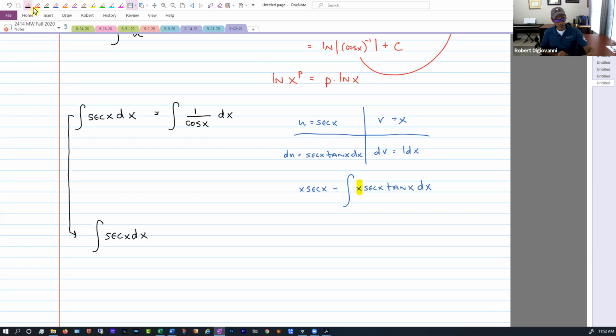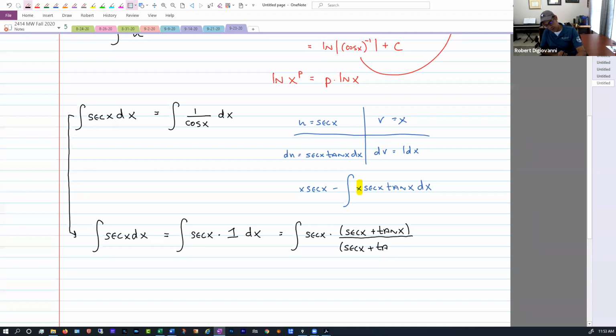That's the question. So here's what whoever figured this out did. They said, all right, I'm going to take this secant x, and I'm going to multiply it times 1. But the 1 that they picked was just super, super clever. Here it is. They picked this for 1: secant x plus tangent x over itself, secant x plus tangent x, dx.